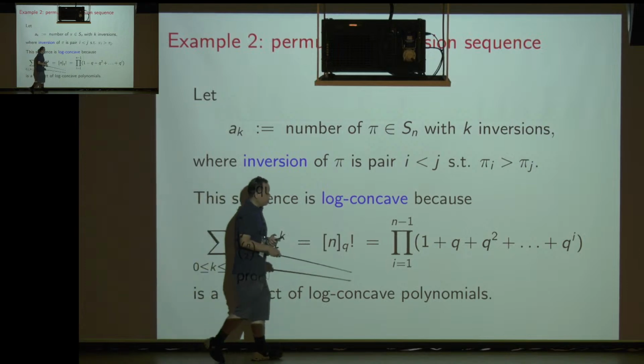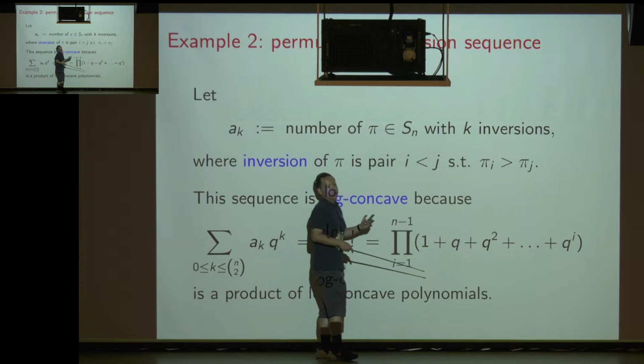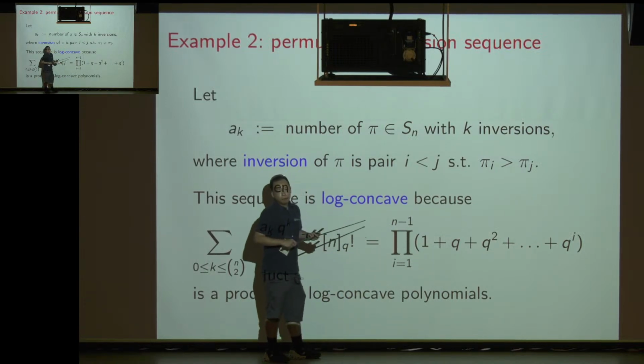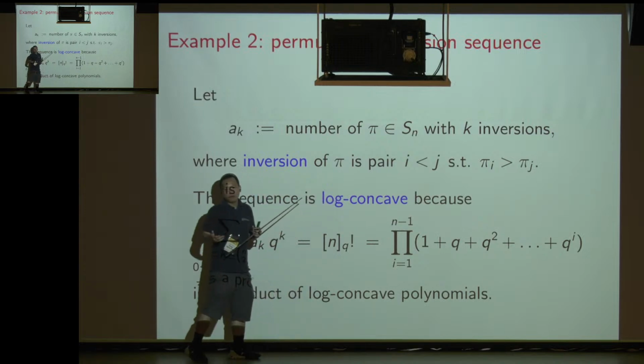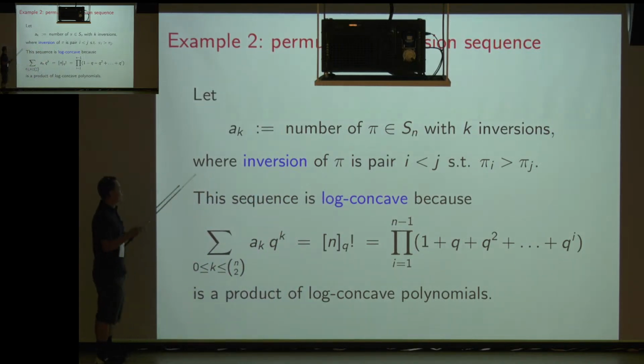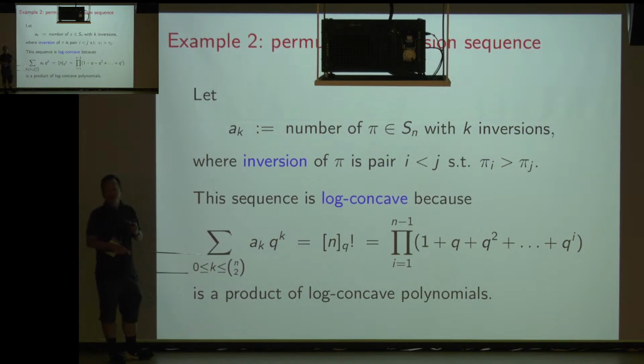More importantly, it is a product of these polynomials, all of whose coefficients are 1. In particular, each is a log-concave sequence. It's a well-known result that the product of polynomials preserves the log-concavity of the coefficients. And that is how we conclude that the original sequence is log-concave. Okay?